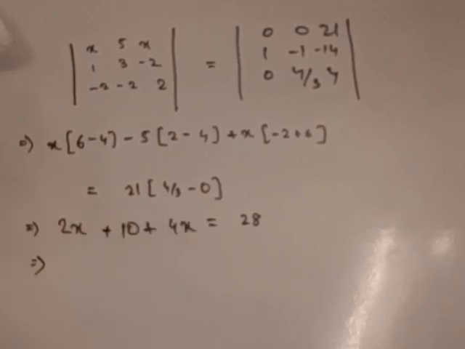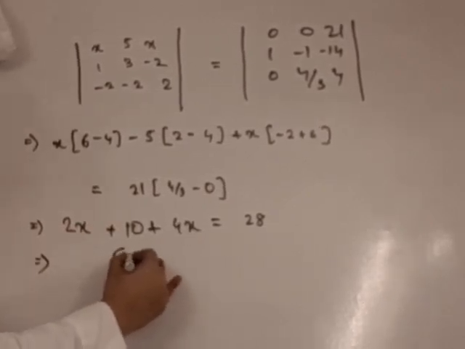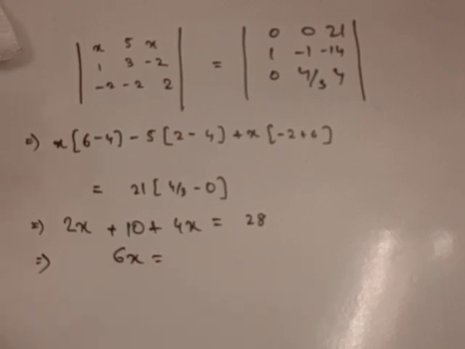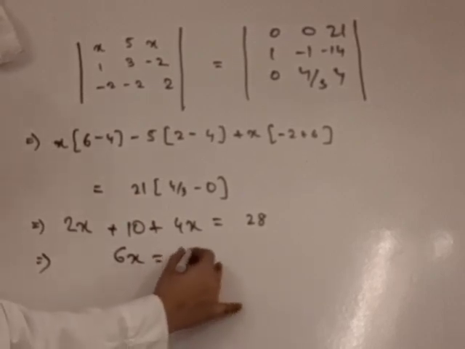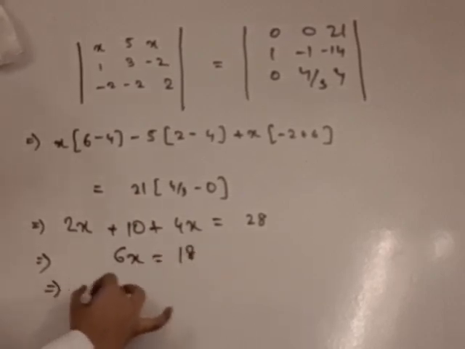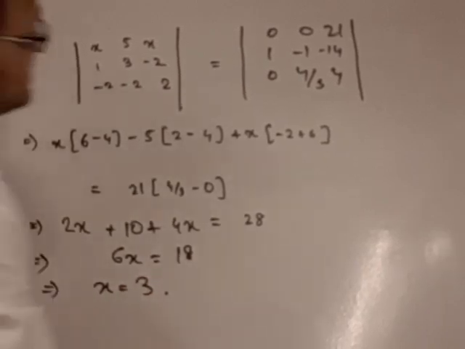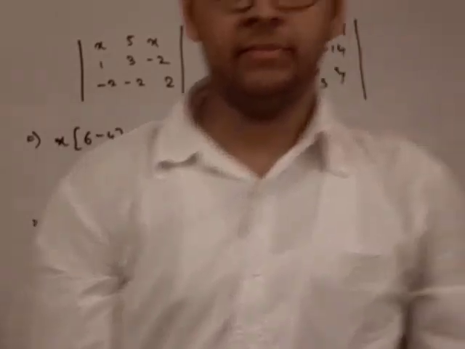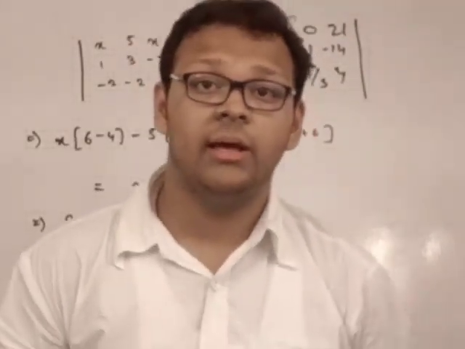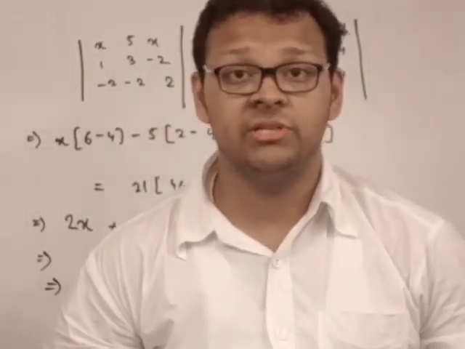And 4 plus 2 is 6x, so 6x equals 28 minus 10, which is 18. And hence x equals 3. So this was a very simple problem if we know what matrix transformations are.